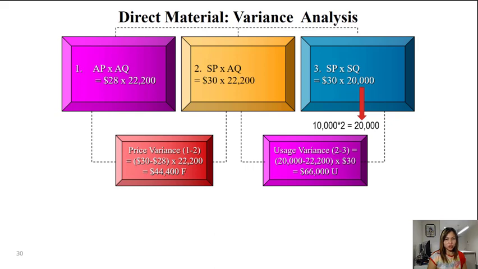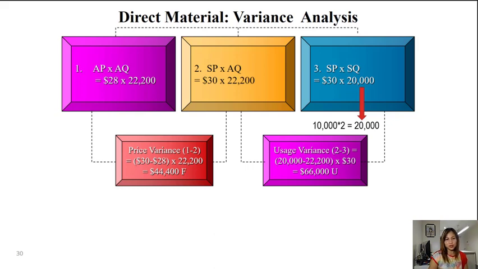Why is it unfavorable? Because according to your standard, you expected to use a total of 20,000 square meters of fabric to manufacture 10,000 jackets, but in reality, the actual production used 22,200 square meters of fabric. Therefore, it's not running as efficiently as you expected.